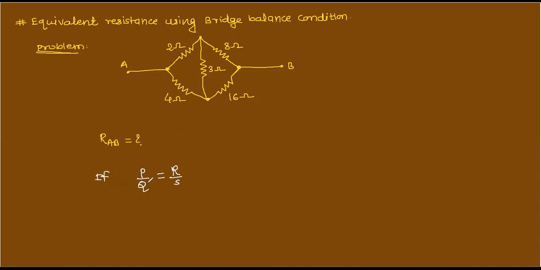If P by Q is equal to R by S, it means Ig is equal to 0.